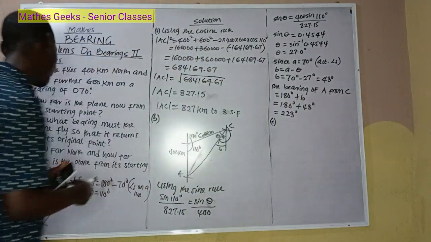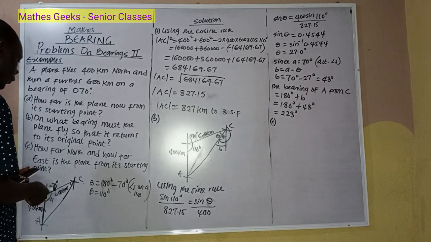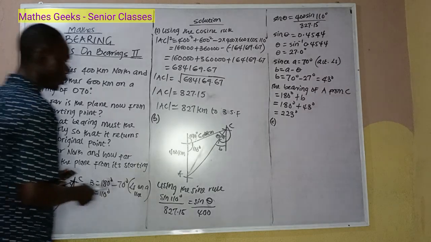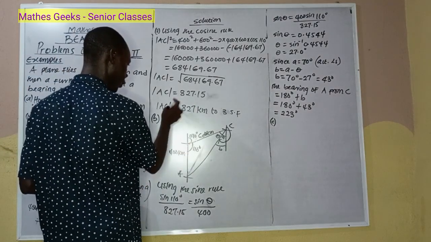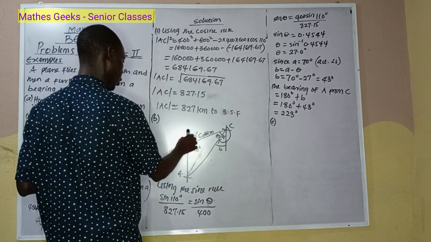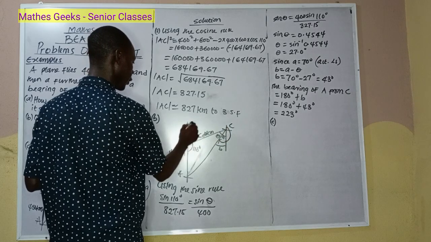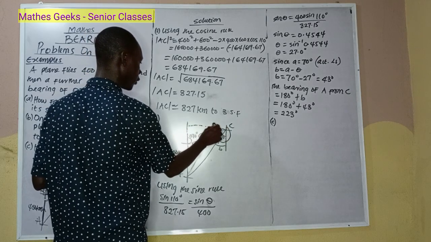The next part asks how far north and how far east the plane is from its starting point. So how far north: from here, then east is from here down to this point.